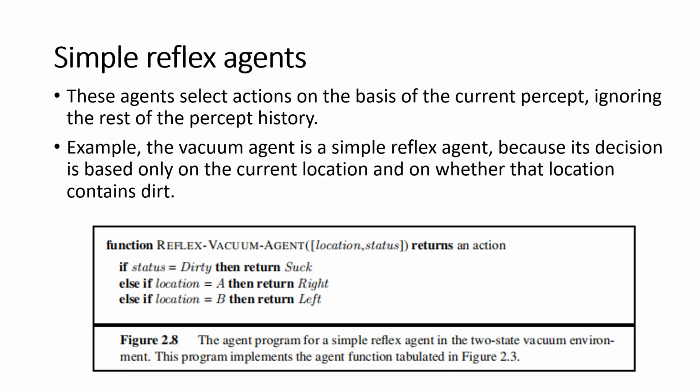So it will first check the status. If the status is dirty, then return suck. If the status is not dirty, then it will check the location. If location is A, then the action will be right. And if location is not A, it will check whether it is B. If it is B, then return left.